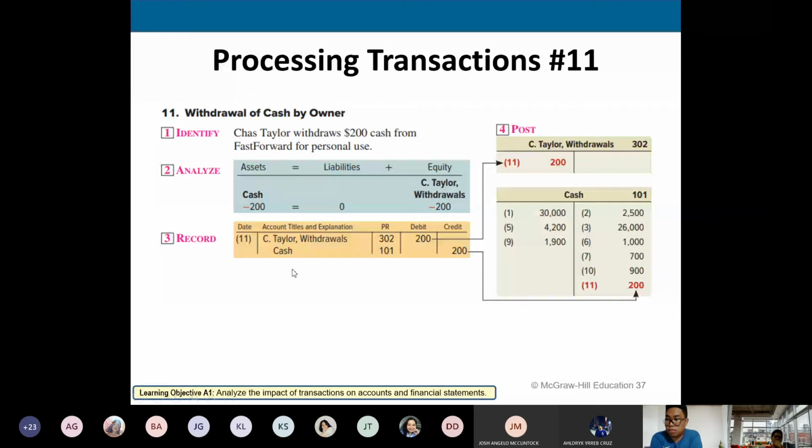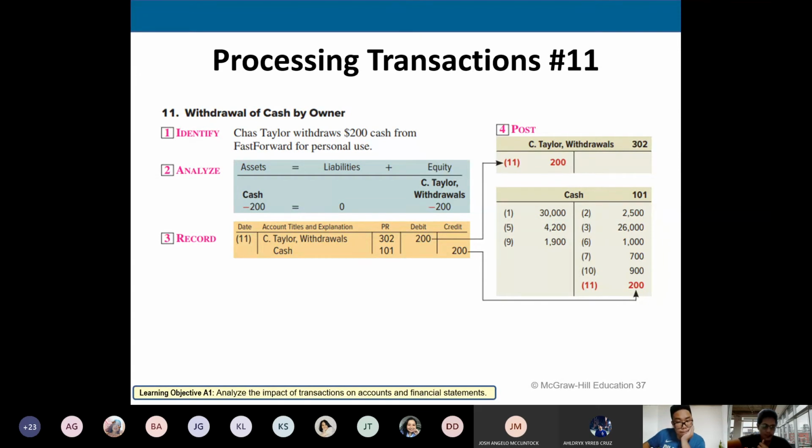Okay, withdrawal is an equity transaction, or does affect the equity element. Sabi ko nga, pag nag-invest, ang opposite niyan, pwede mag-withdraw. Baka nangailangan, emergency. The owner of the company na short siya ng cash personally.